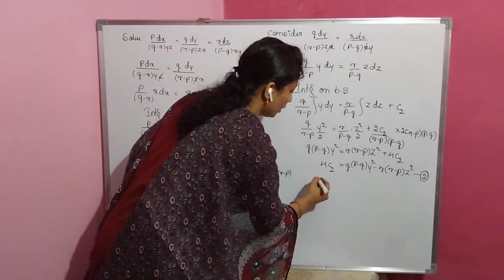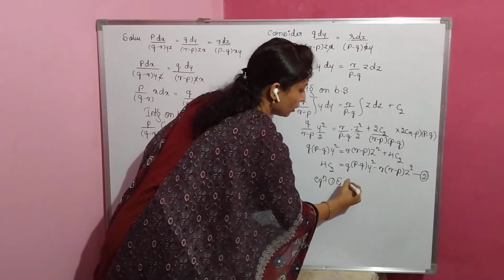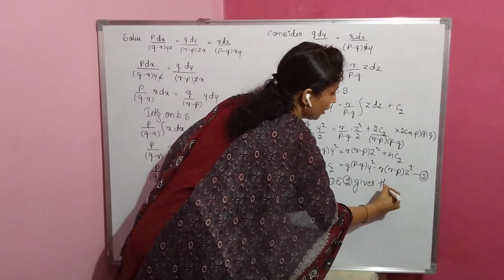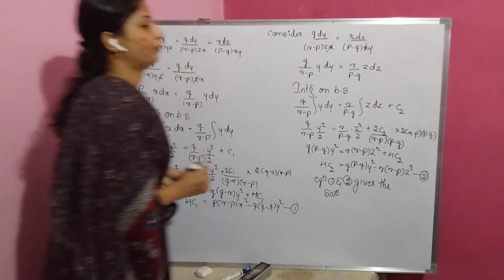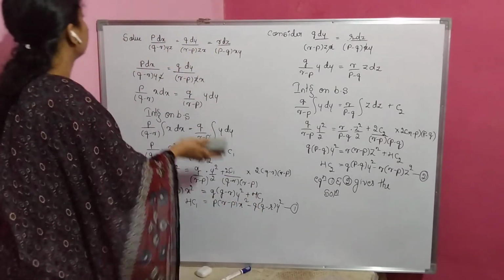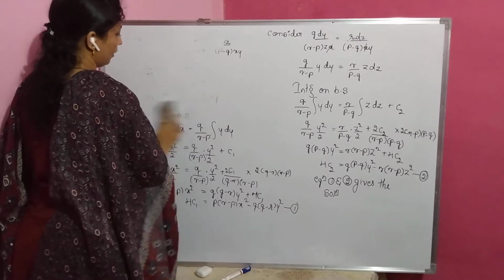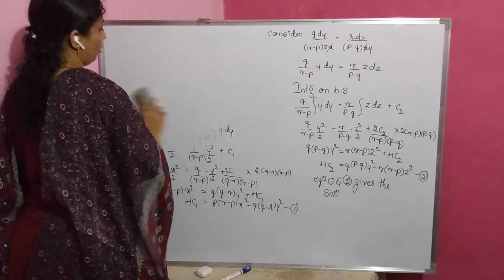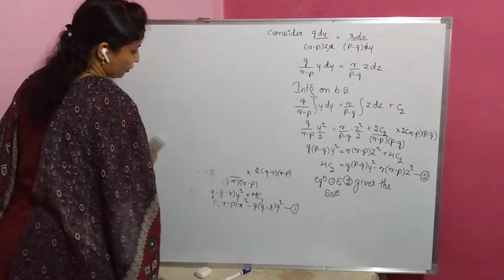So here we write the conclusion: equation 1 and 2 give the solution. Then the next method. The first one is grouping. By using the grouping method we can find the solution for symmetric simultaneous differential equations.